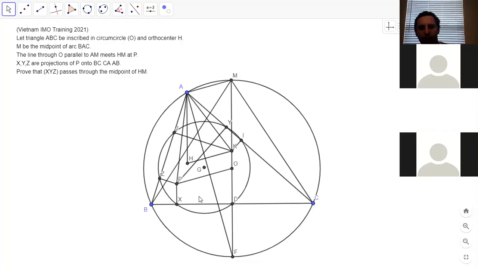So basically the isogonal conjugate of K is the intersection of HM with the parallel through O to AM. That's really interesting.